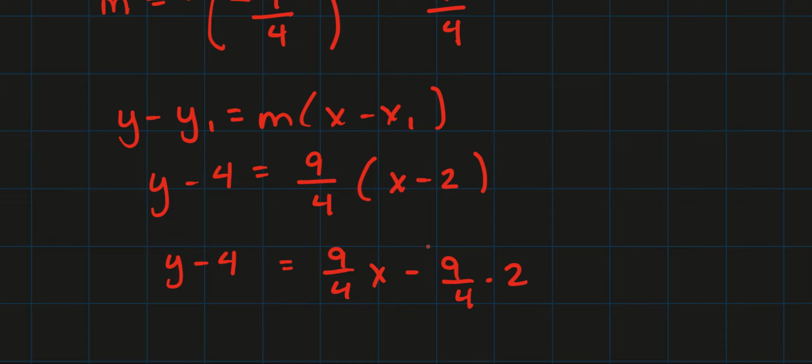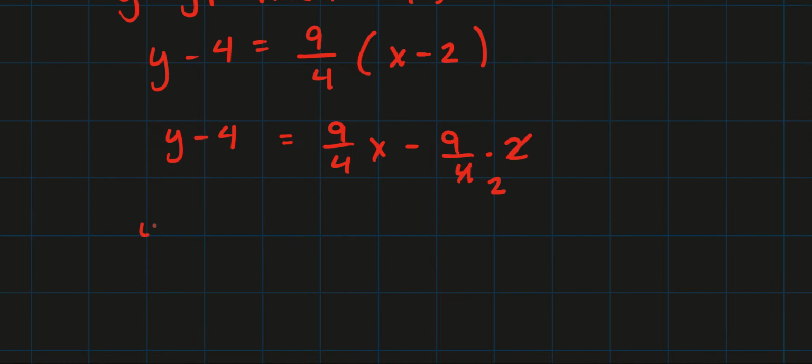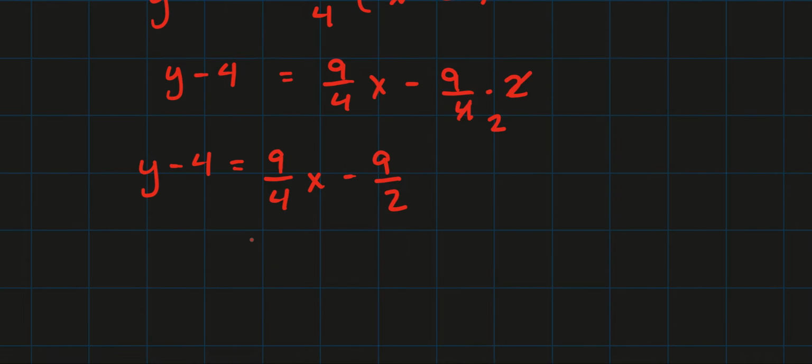Here's a negative right here. This 2 goes into 4 2 times. So we have y minus 4 is 9/4 x minus 9/2. Then add 4 to both sides.